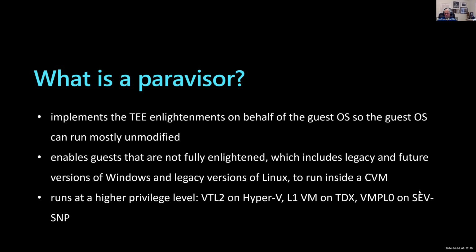Is that a rough definition? Exactly. Traditional guest operating systems are used to interacting with the virtualization stack in a specific way where they inherently trust it. In a confidential computing platform, that no longer is valid. So they need some enlightenment, some changes, some hardening, etc., to interact and defend themselves from things that are outside the TCB.